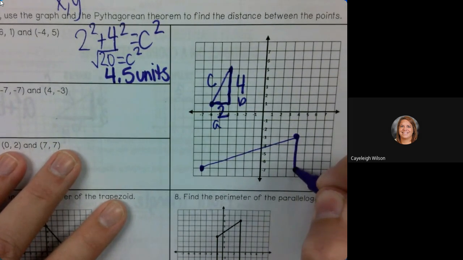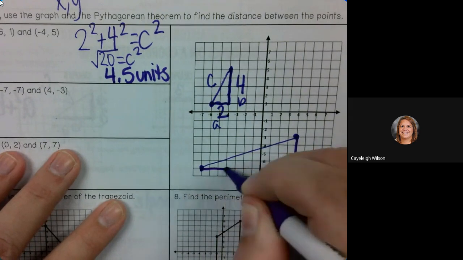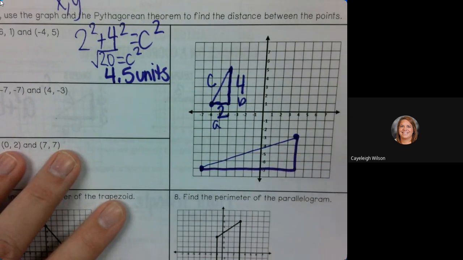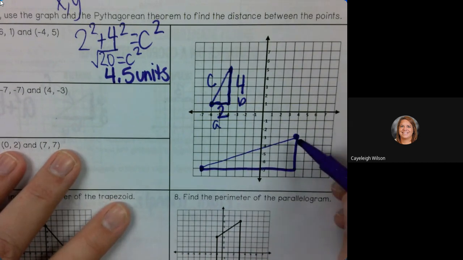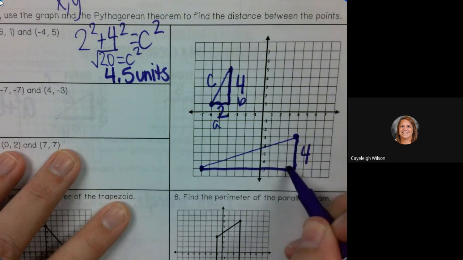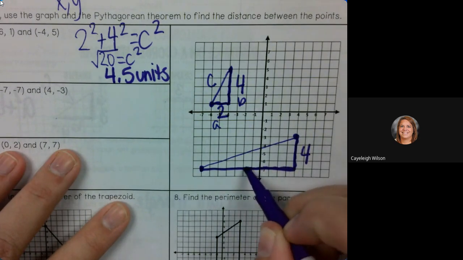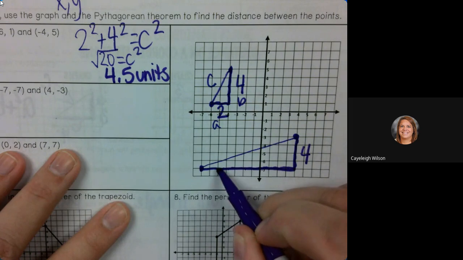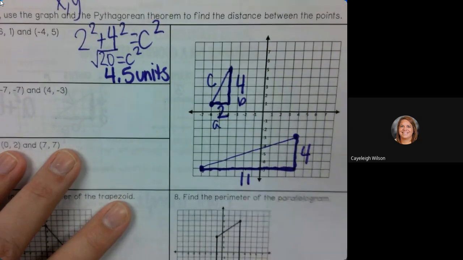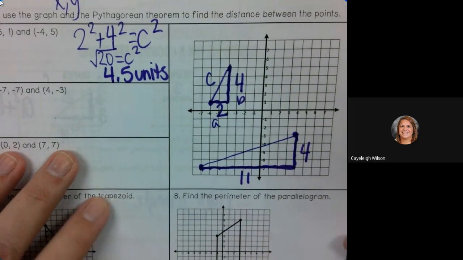So down, down, down, and then I'm going to go over. And then I'm going to count these straight distances. So 1, 2, 3, 4. And then 1, 2, 3, 4, 5, 6, 7, 8, 9, 10, 11. Woo. All right.